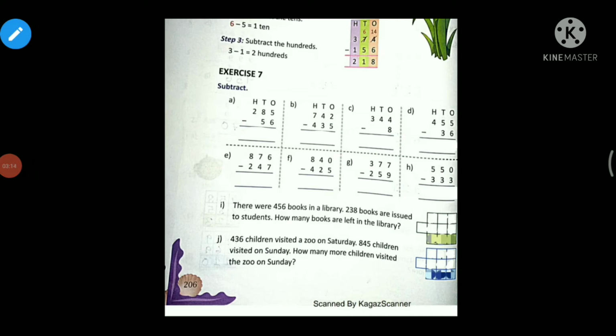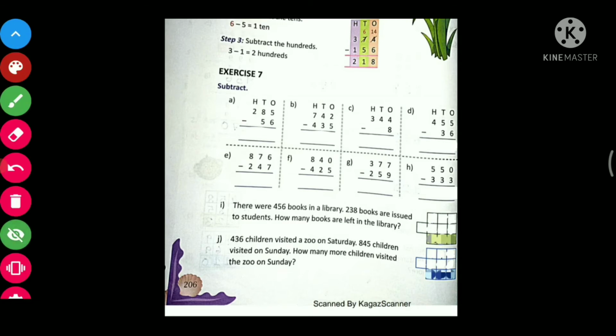Now my dear students, open page number 206, exercise 7. See the first one, we need to subtract the following. See the ones place, 5 and 6 are there, so just imagine 5 lines. Is it possible to cut 6 lines if 5 lines are given? No, right?